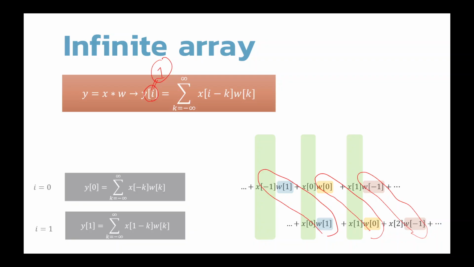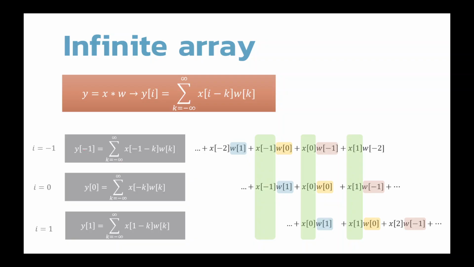That's the operation to get y at position 1. And again, if I want y at position negative 1, all I need to do is the same thing, but with w shifted to the left. So that's called the convolution. Each convolution consists of a bunch of multiplications of different pairs from the two vectors, and then summation with one another.